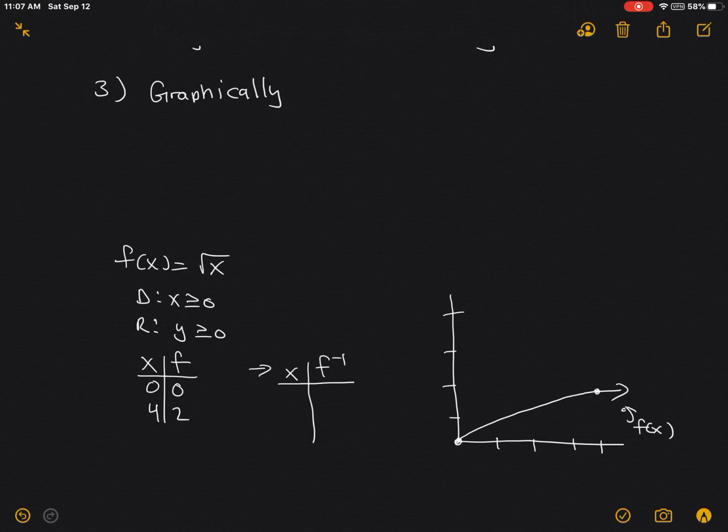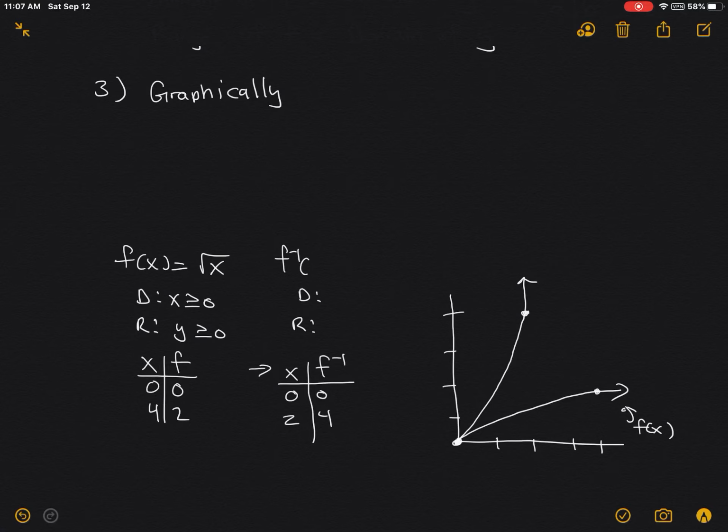Remember, let's use some characteristics that we've just studied. We know that for the inverse function, these coordinates interchange. 0, 0 just becomes 0, 0. 4, 2 actually becomes 2, 4. So 0, 0, 2 comma 4 would be right over here. And if you were to connect it, it would look something like this.